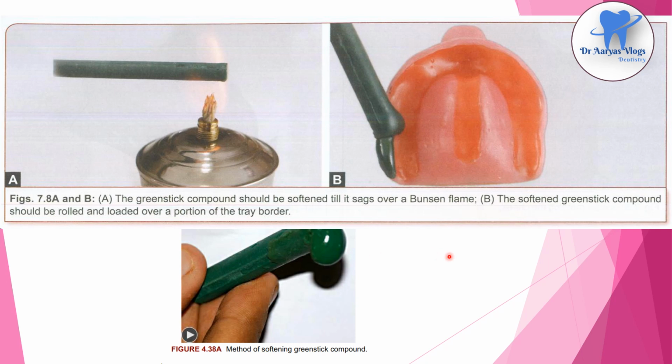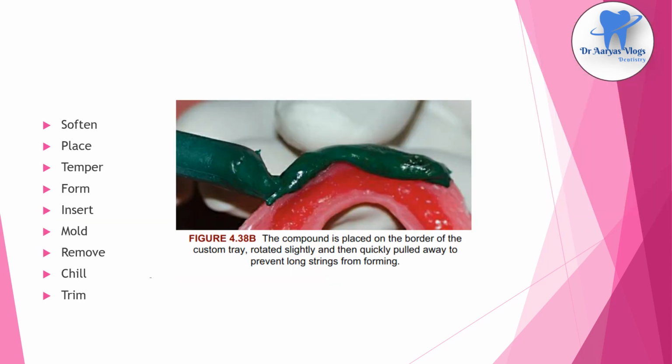The material should be tempered with warm water before placing intraorally. The compound is placed on the border of the custom tray, rotated slightly and then quickly pulled away to prevent long strings from forming. So remember: soften, then place, then temper, then form, then insert, then mold, remove, chill and trim.